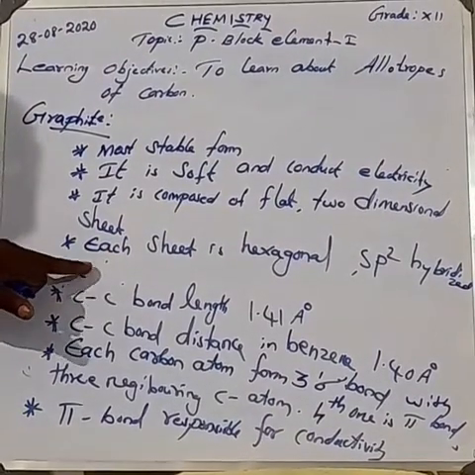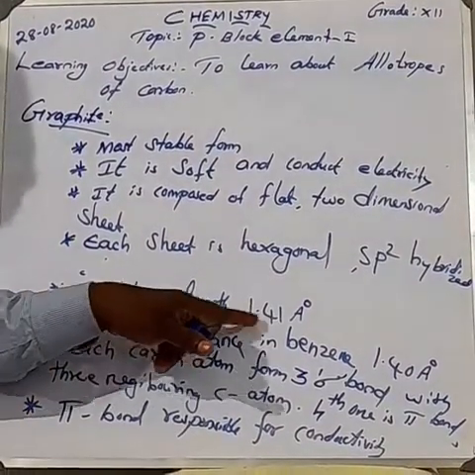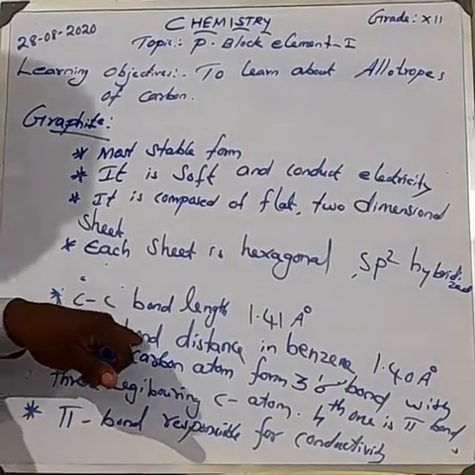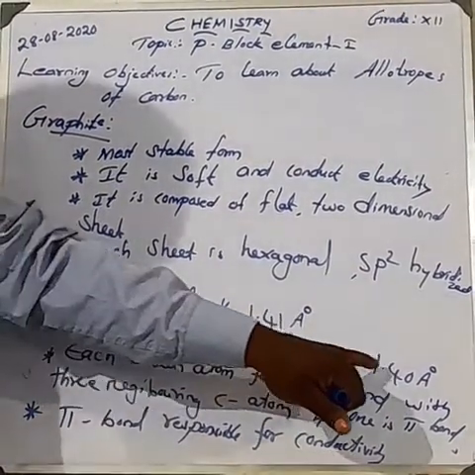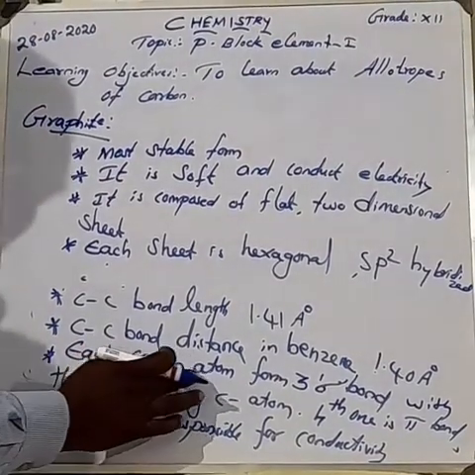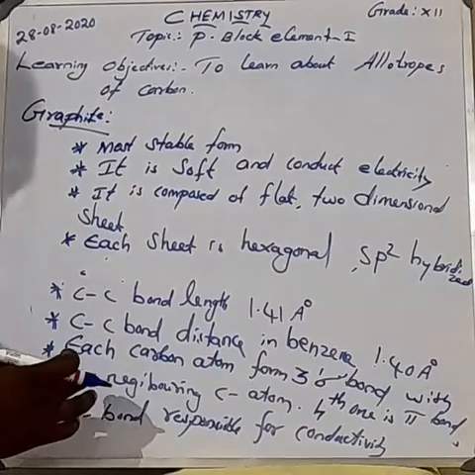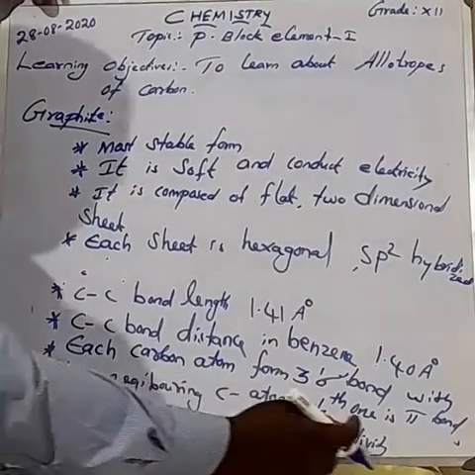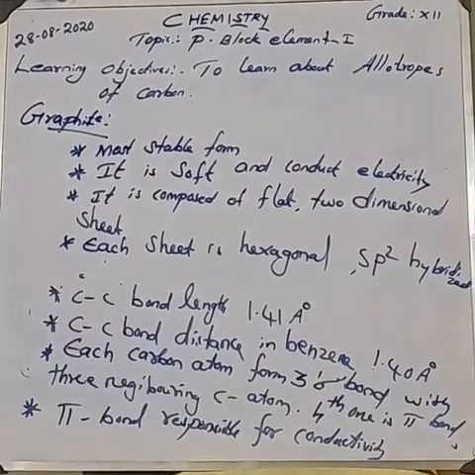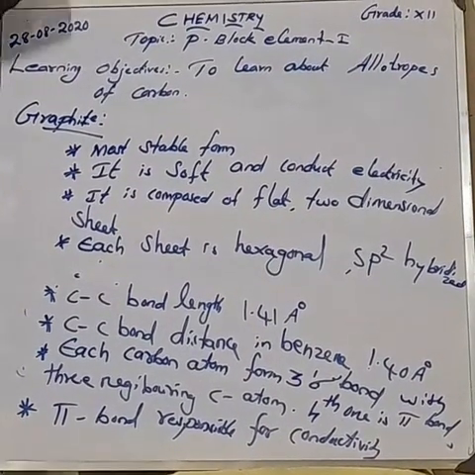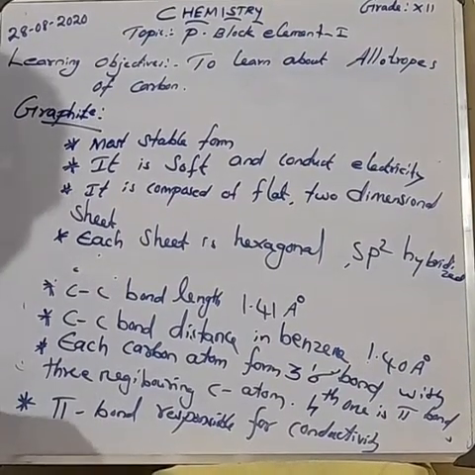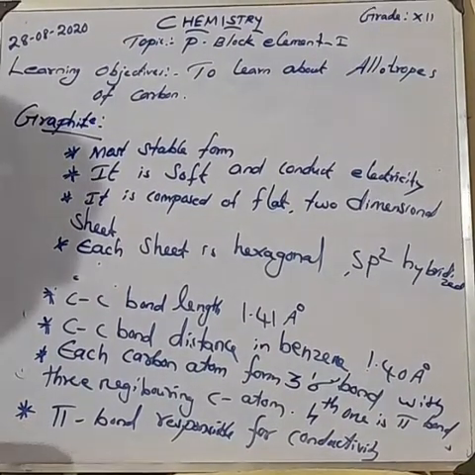The carbon-carbon bond length is 1.41 angstrom, and in benzene 1.40 angstrom. Each carbon atom forms 3 sigma bonds with 3 neighboring carbon atoms. The fourth is the pi bond, which is responsible for conductivity. Very, very important for graphite. Please mark it and learn this question.